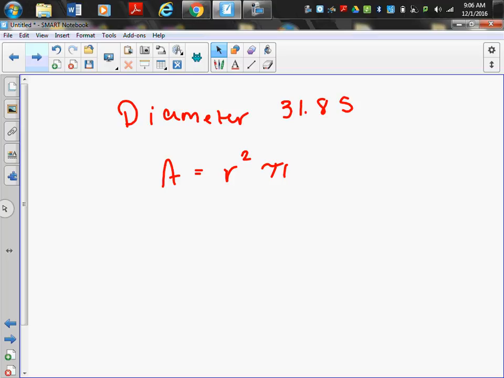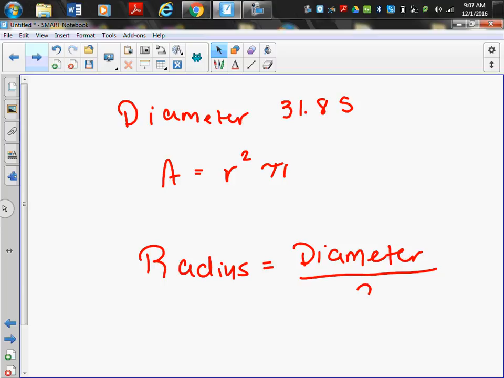So radius equals diameter divided by 2. So 31.85 divided by 2.